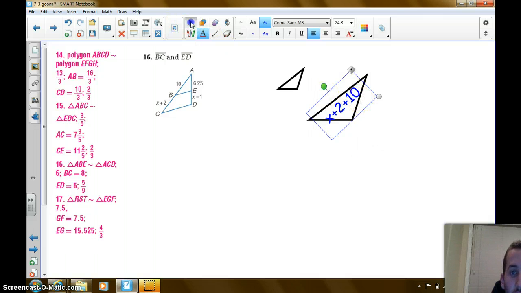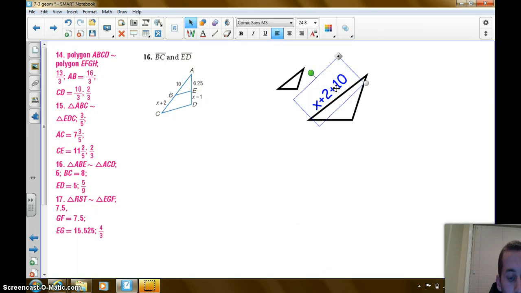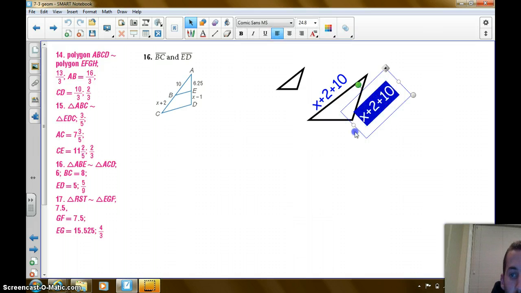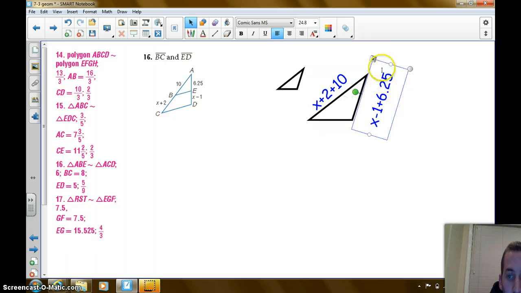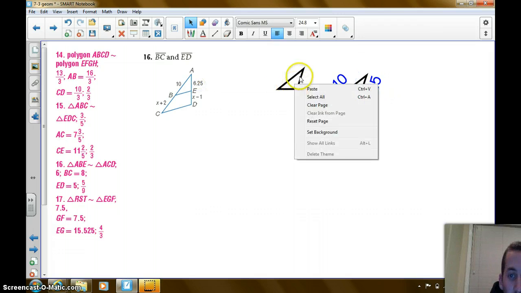Then this one on the other side is x minus 1 plus 6.25, and you can combine those. Obviously that would make a lot more sense if you didn't have the decimals in there. The small one is just exactly what you have on this picture here.